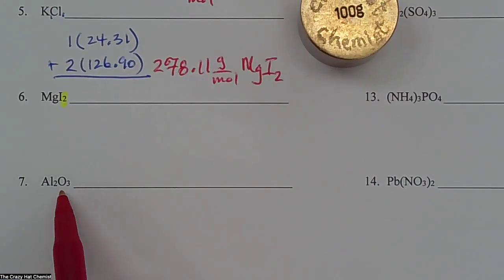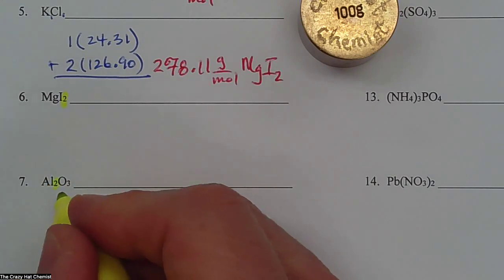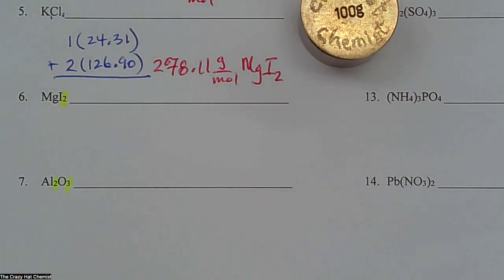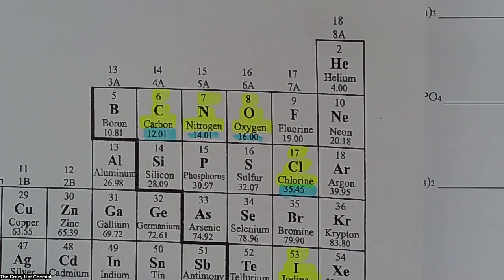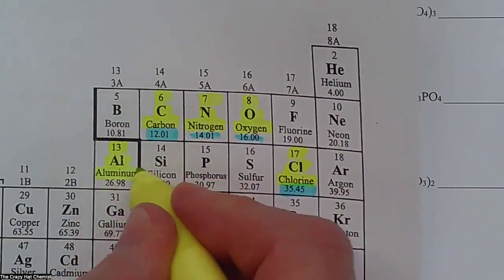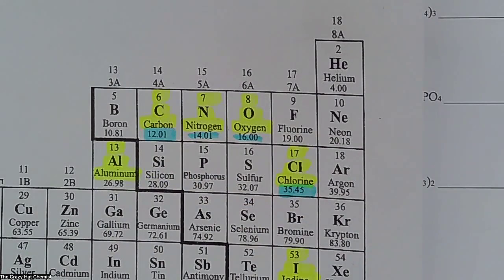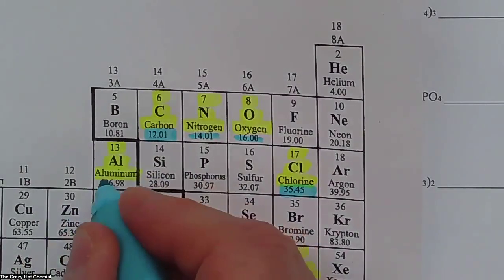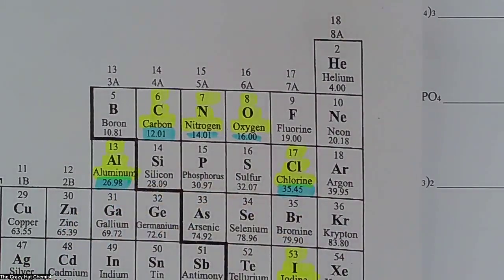The next one is going to be aluminum oxide, and I'm going to highlight that we have 2 aluminums and 3 oxygens. Aluminum oxide. We need to find aluminum on our periodic table. It is lucky number 13. That's atomic number 13. That's Al for aluminum. What is the molar mass for aluminum? That is 26.98.